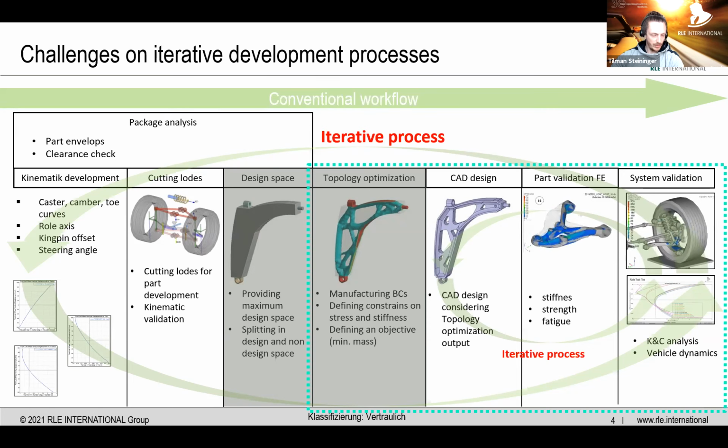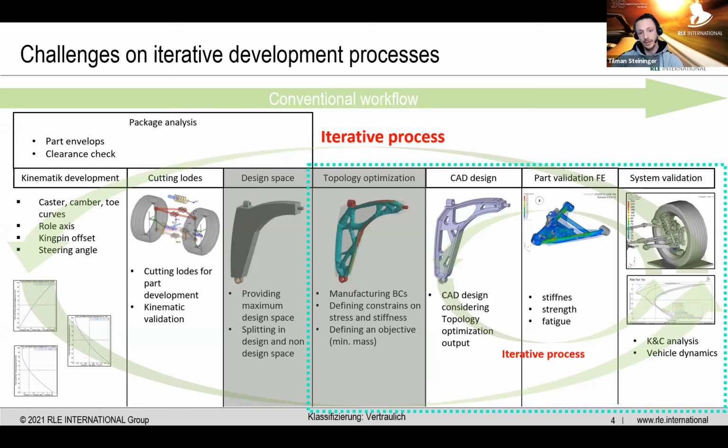But at RLE, or in every company also, I think the first step is always to run a kinematic development, where you have to take care of all of the chassis-specific things like camber, caster, or toe curves, or roll axis, or let's say kingpin offset, and so on. And then you have to provide the cutting loads and all the kinematic points and so on.